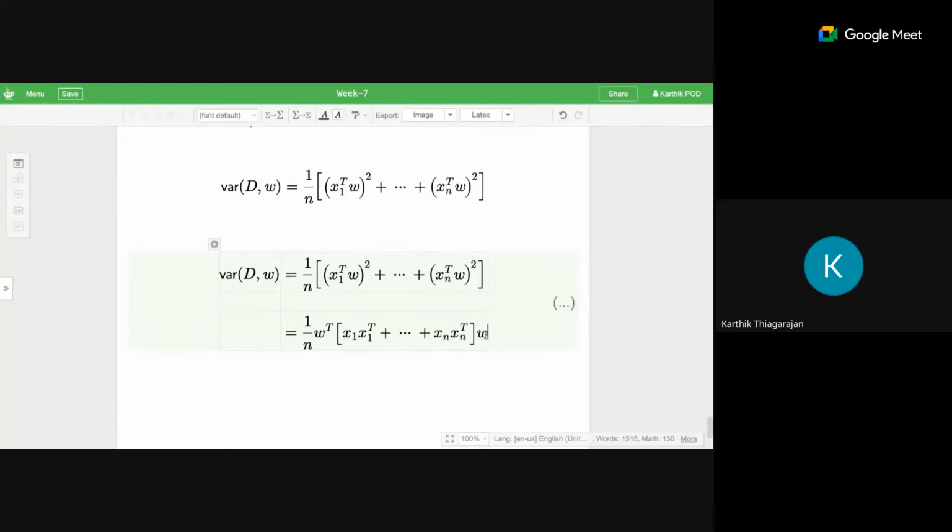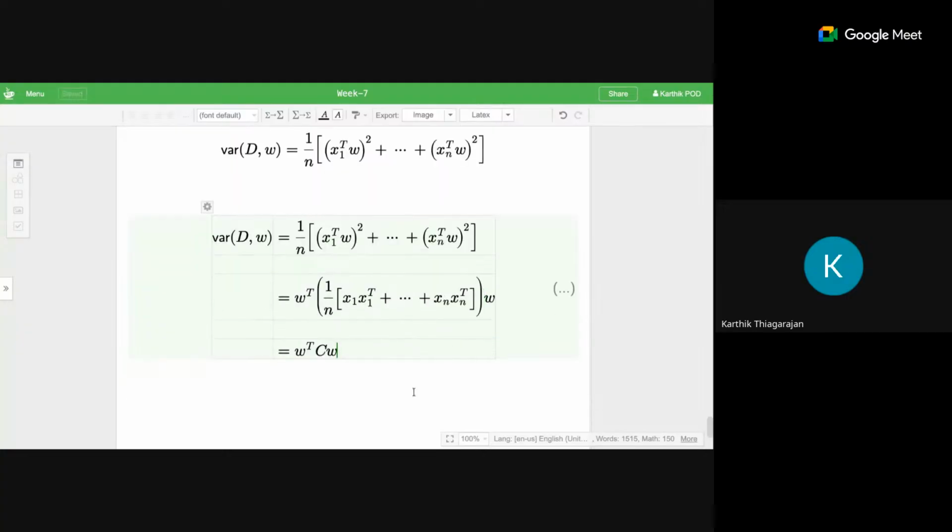And what you have inside is C. So this is 1 by n, W transpose, once again the covariance matrix C. Sorry, this whole thing is C. So 1 by n into this is C. So do you all get this at least somewhat? Not entirely. Yes, got it, sir.